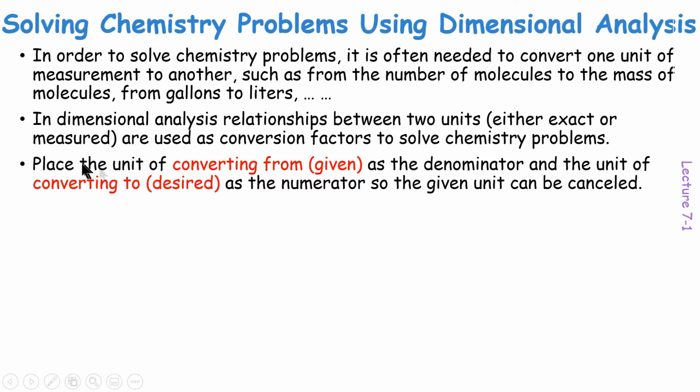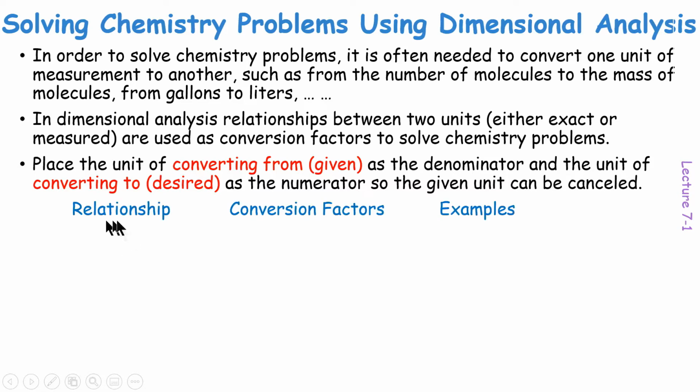Always place the unit you are converting from, the measurement you know or that is given, as the denominator, and the unit you are converting to, the one you need to find, here I call that the desired unit, as the numerator, so that the given unit can be cancelled. That's very important. Let's take this example.